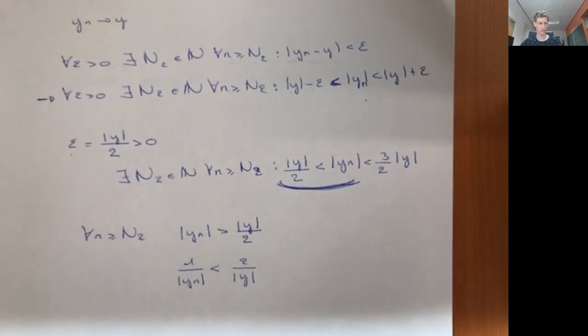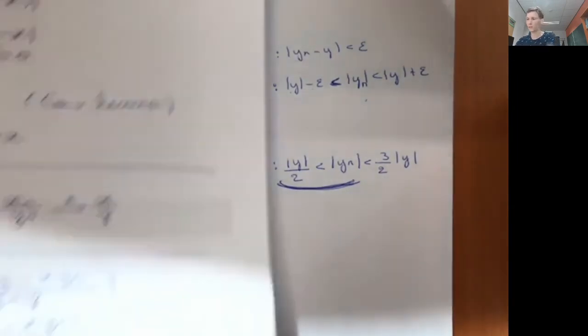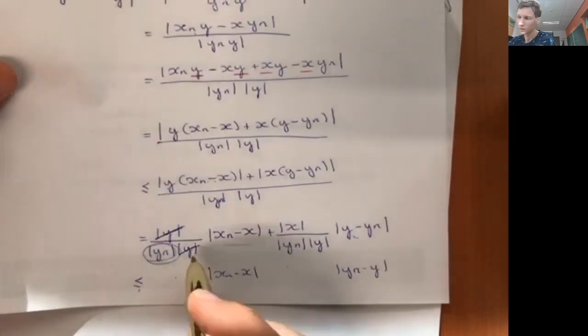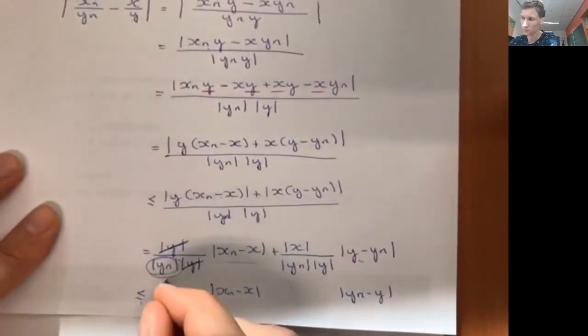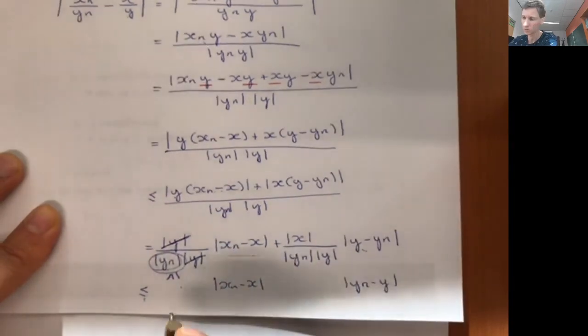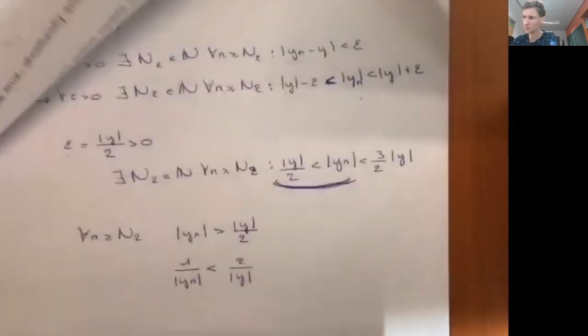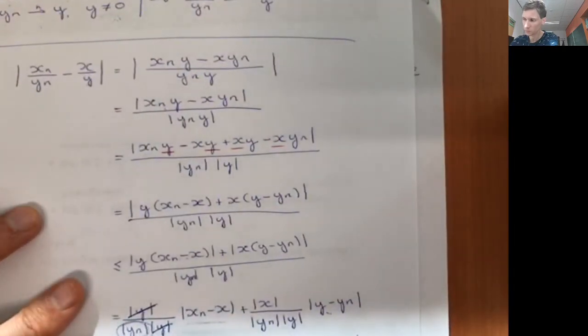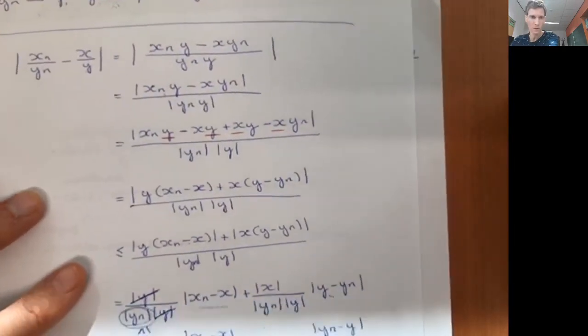Okay, and we can use this inequality here to get here. So this is less or equal to 2 over the absolute value of y.